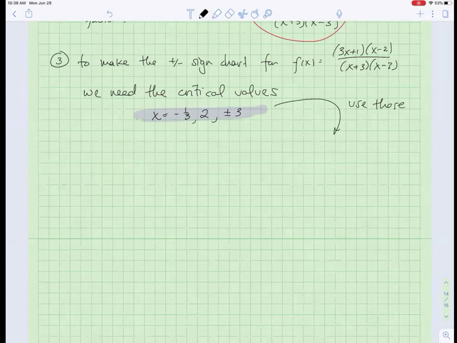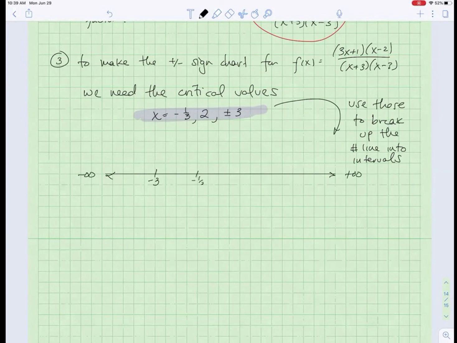And then we're going to use these values to break up the number line into intervals. So it'll look like this. Here's negative infinity, here's positive infinity. Negative 3 is going to be the furthest left, then negative 1/3, then 2, and then 3.